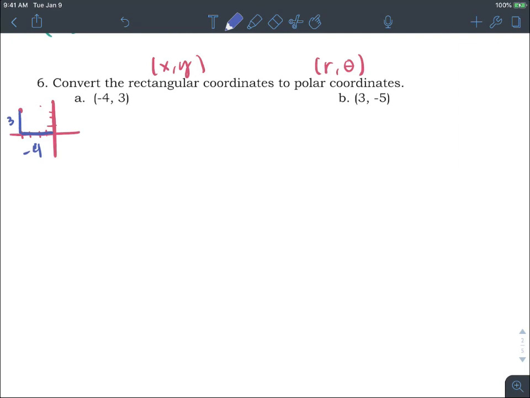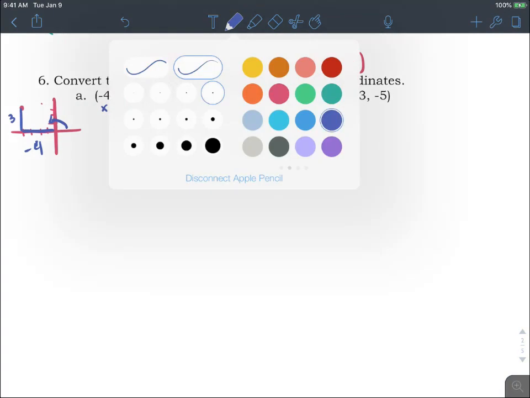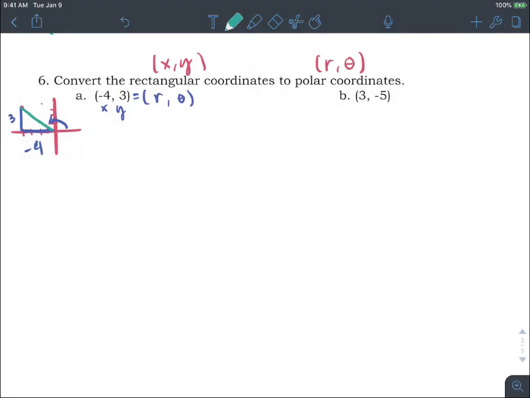This is an x and a y. I need to know what r and theta are. So how would I figure out what r and theta are? Well, I need to know what that angle is and what the radius, or the magnitude of this length, is.